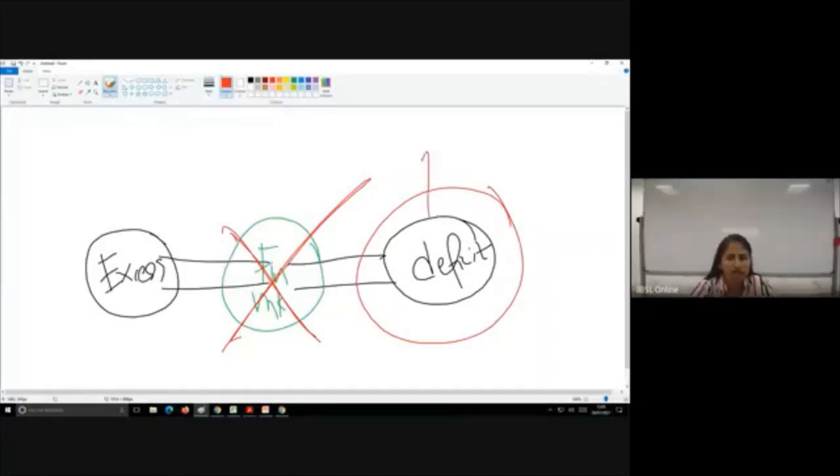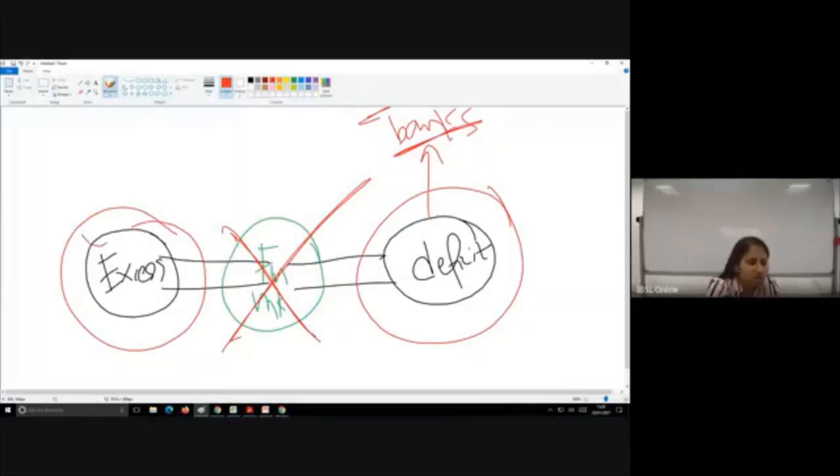So their way is always through maybe banks, which can be very, very costly for them.